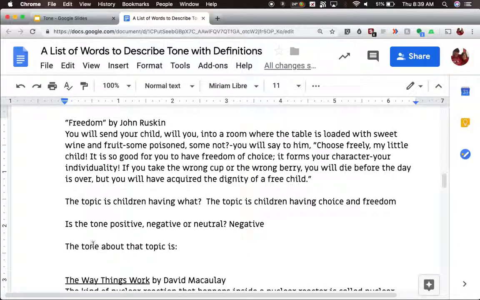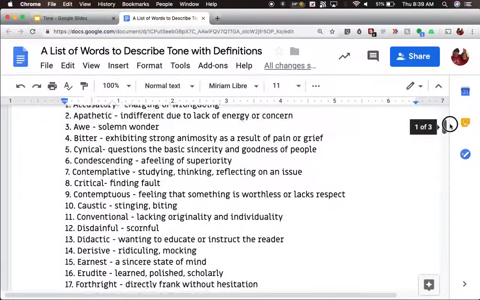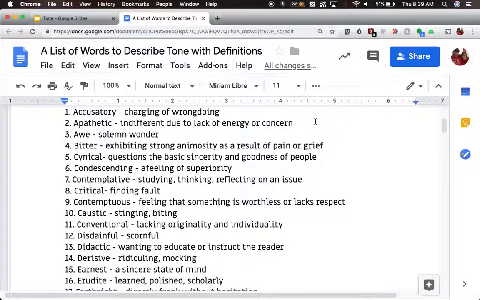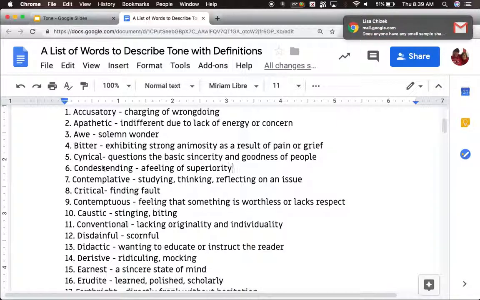Now, the tone is a certain word up here. So I'm looking up here, and I'm looking through some of these. Cynical, questions of basic sincerity or goodness of people. It's kind of that. Maybe condescending. It sounds kind of condescending, where you feel like you're superior over someone else.